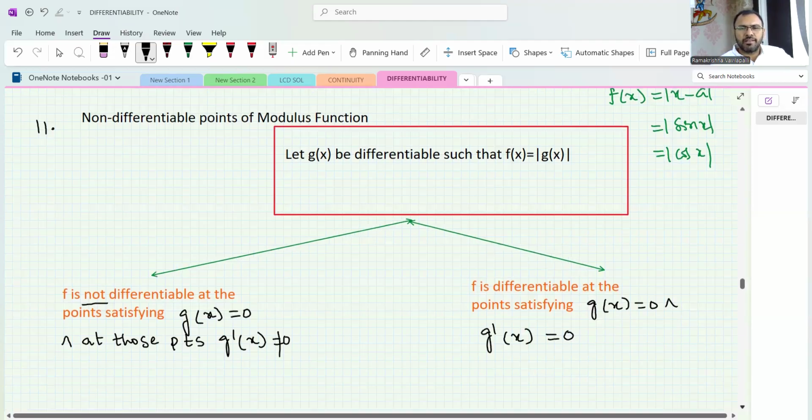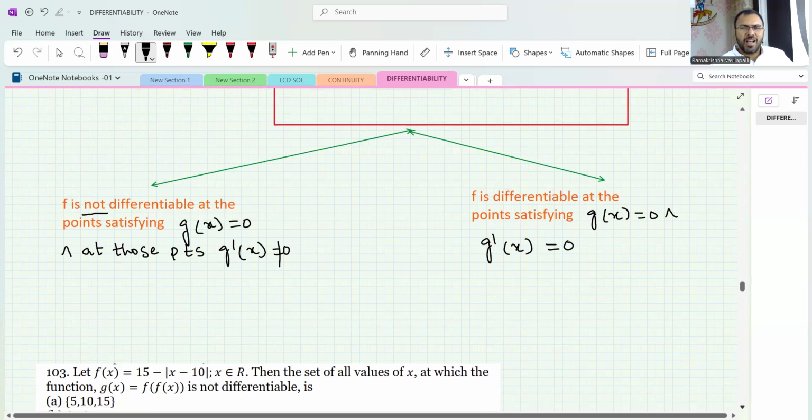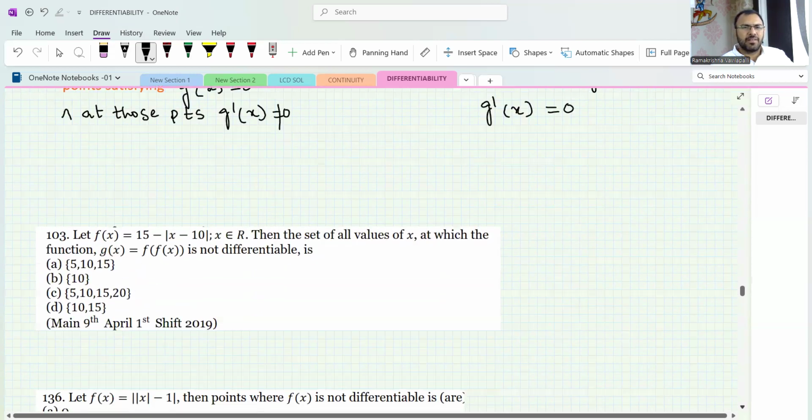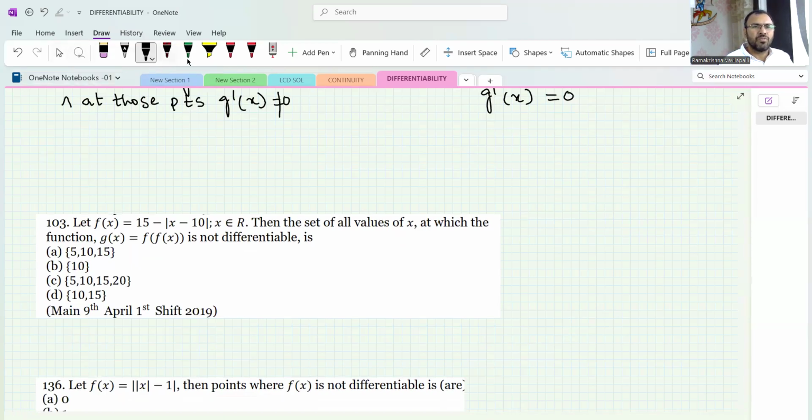I'm going to give a few examples for this. Otherwise, how can we understand? Here I'll write my own example. It won't take more time. Example: f of x is equal to modulus of sin x.